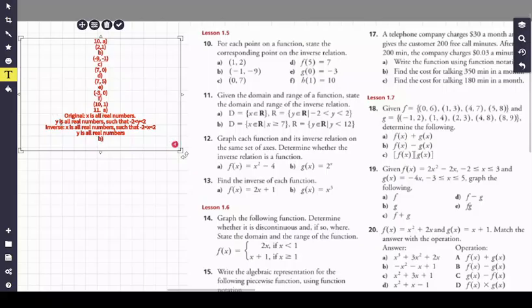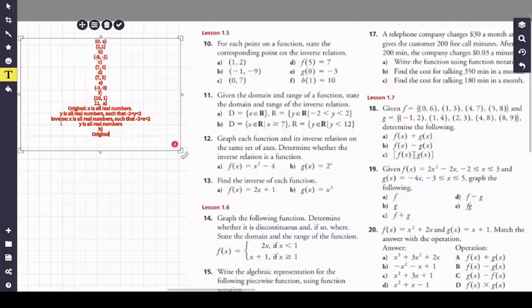And then for b, the original is x is all real numbers such that x is greater than or equal to 7, and y is all real numbers such that y is less than 12. That's pretty simple.